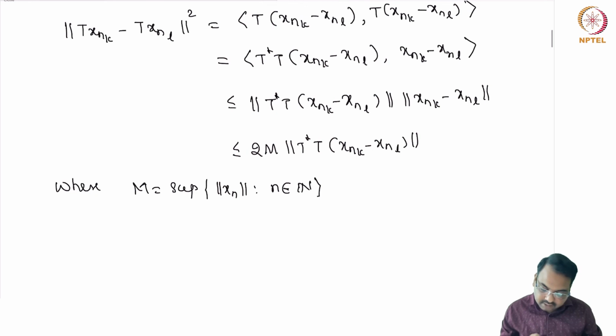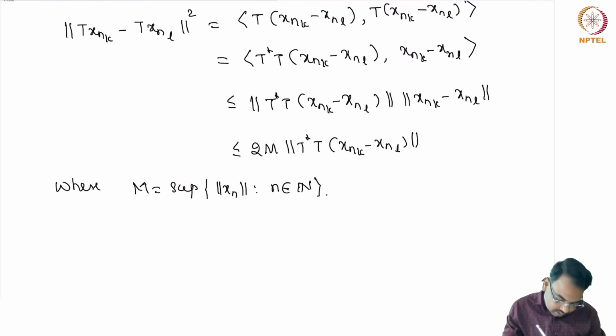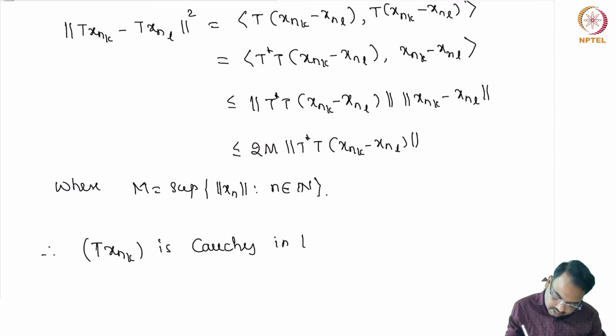So now from this we can conclude that since T star T of xnk minus xnl goes to 0 as k and l go to infinity, therefore T of xnk is Cauchy in H2.